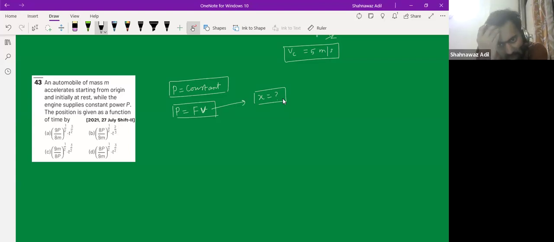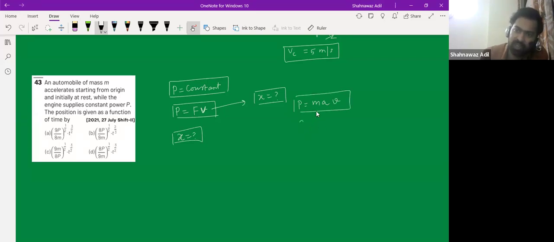So yeah, use this relation and tell me what would be the a for x. Remember that this is a constant. F is ma, and then you have this v, right?